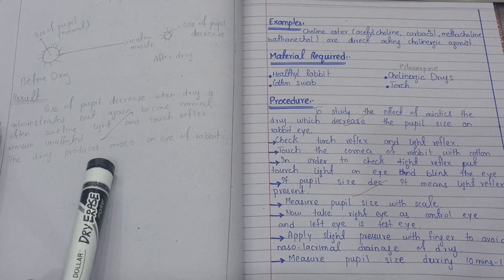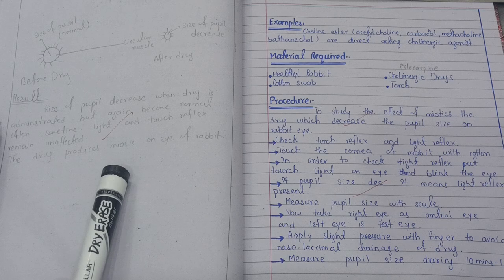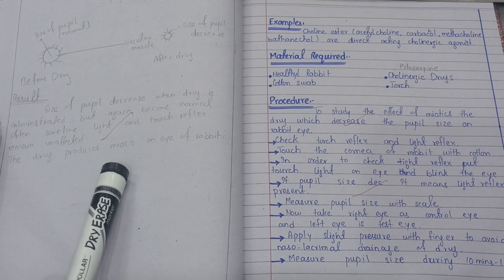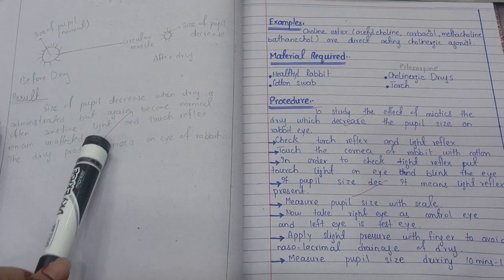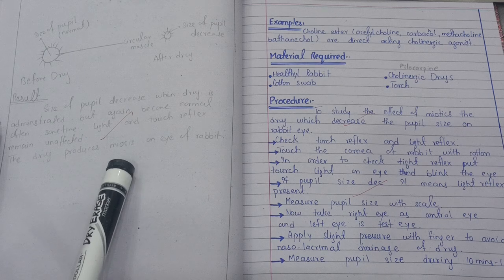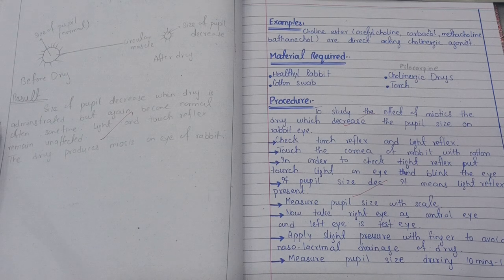Its response or its duration ends after half an hour or 1 hour, but your light and touch reflex remain unaffected. So the drug produces miosis in the rabbit eye. This is the result of it.